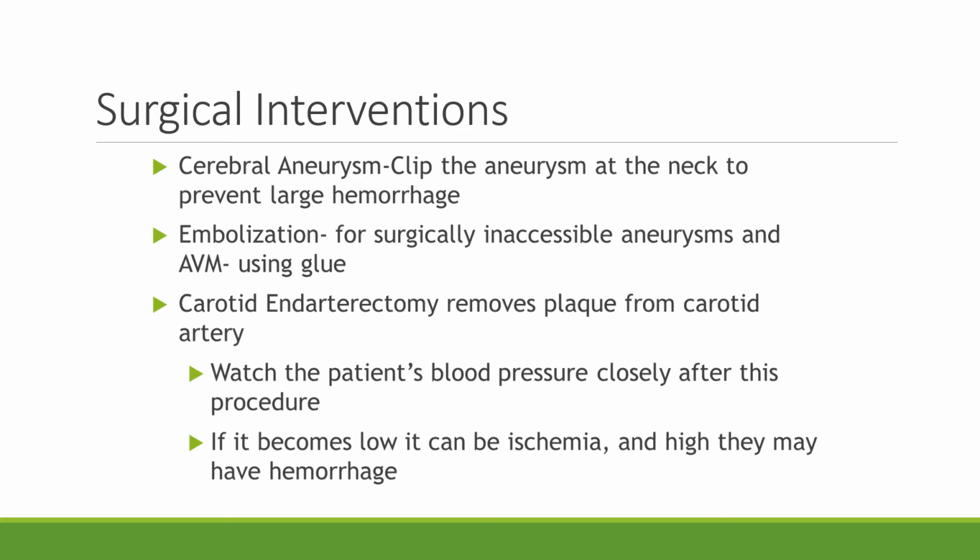Embolization is usually a really good solution for inaccessible aneurysms and also AVM. They're going to take a catheter and it's going to go in your cerebral artery, and they're going to inject a glue, and they're going to basically glue it shut.